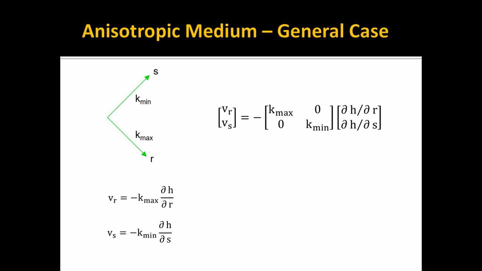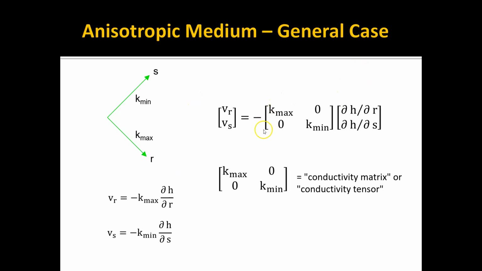As you may recall from linear algebra, VR would be equal to minus Kmax times del H del R plus 0 times del H del S. And then VS is equal to 0 times del H del R minus Kmin times del H del S. So this matrix formulation is equivalent to these two equations.